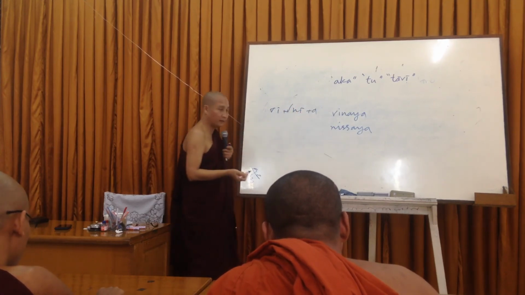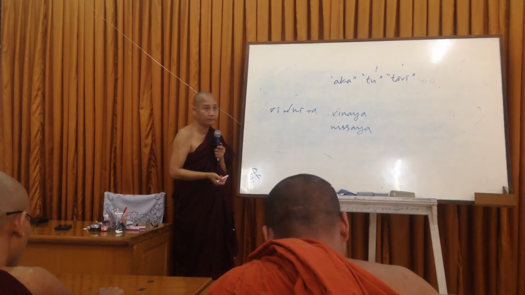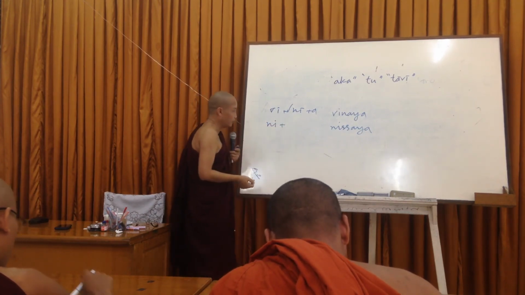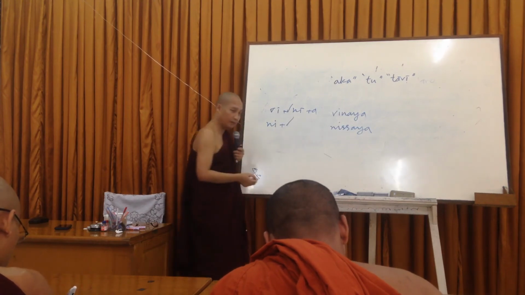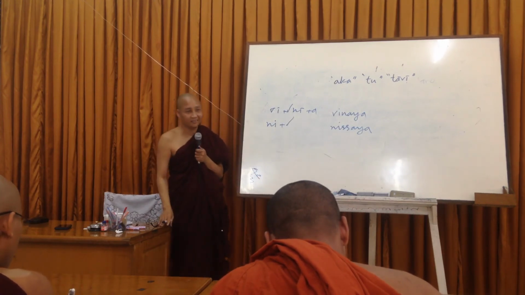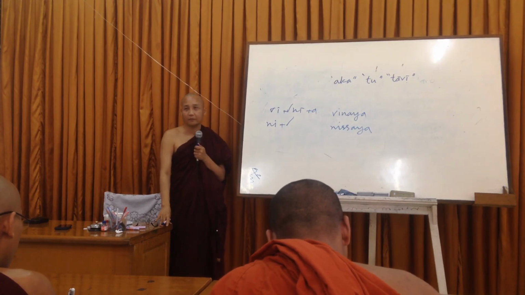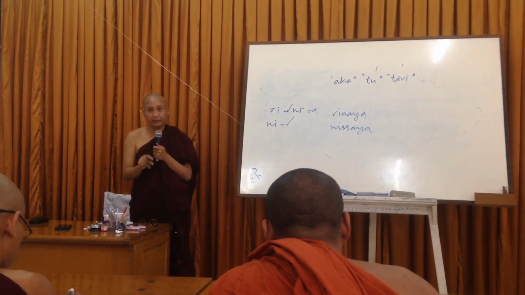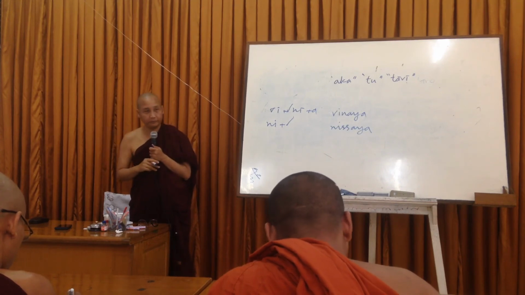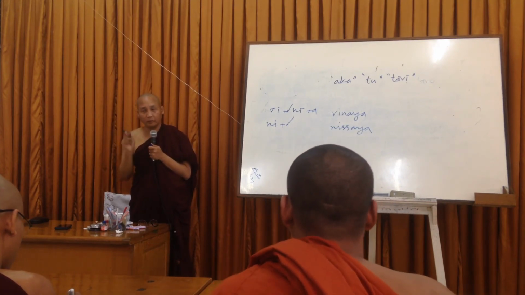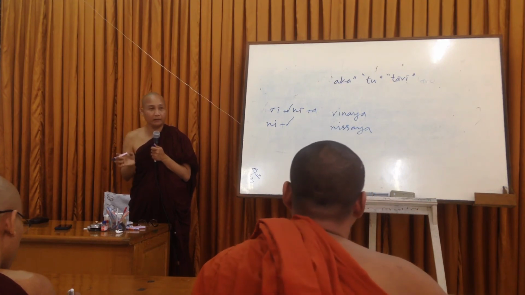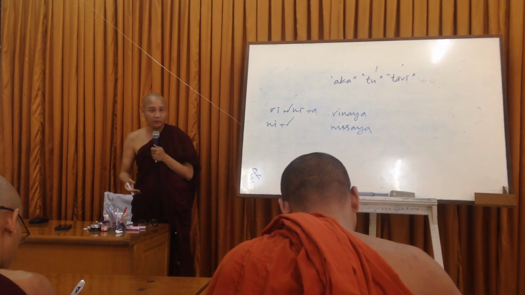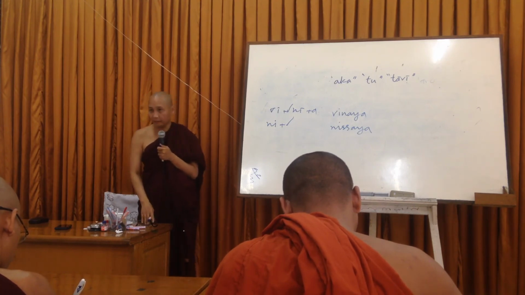Okay, how about the Nissaya? Ni, si or sī? Si is to lie down. Sī is to depend on. Okay. The meaning of the Nissaya, what is the Nissaya? Nissaya, dependent. You depend on your teacher. It is called the Nissaya.